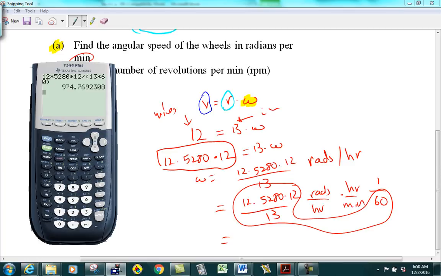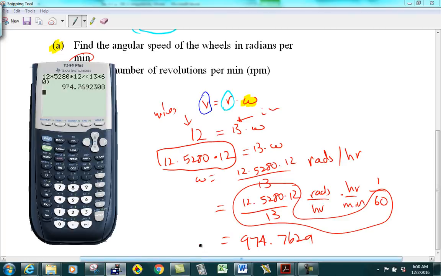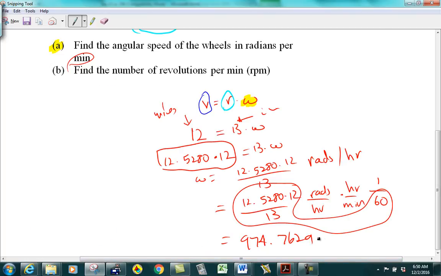So that's 974.7629292 radians per minute.